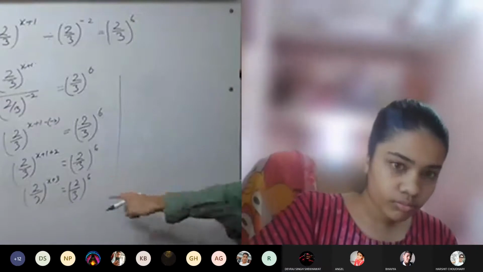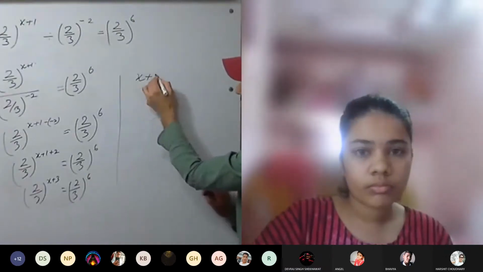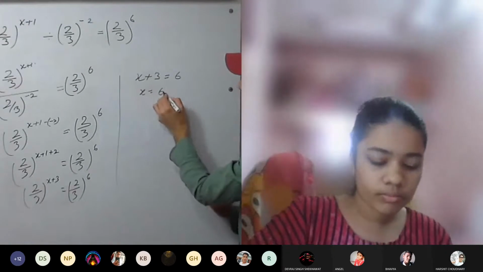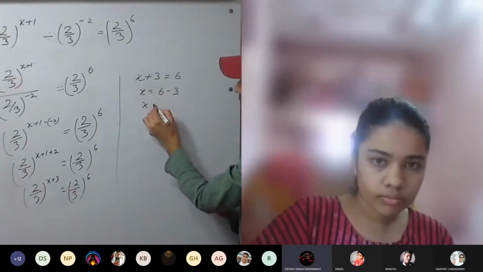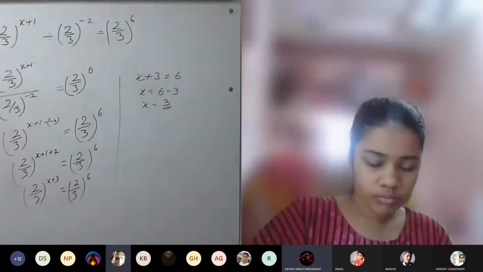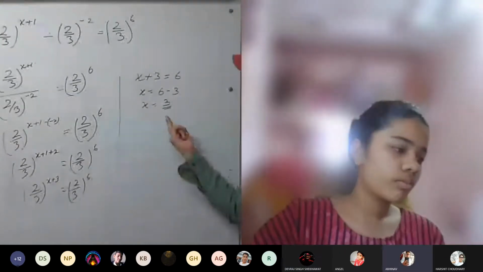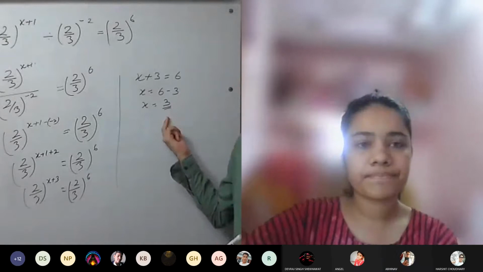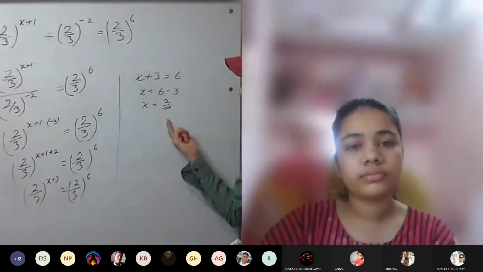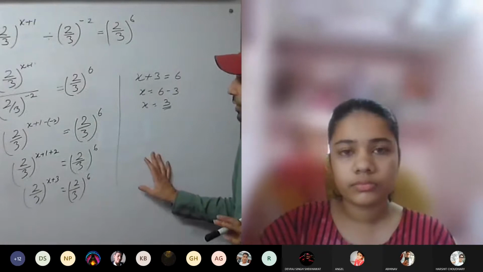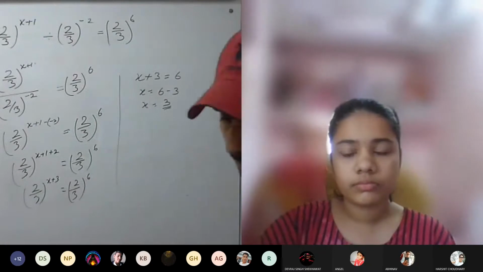Now, since base are same, we can equate the power. x plus 3 equal to 6. x equal to 6 minus 3, x equal to 3. You got? Okay. This is one way to do. This way is clear to everyone. Anyone have doubt? Okay.